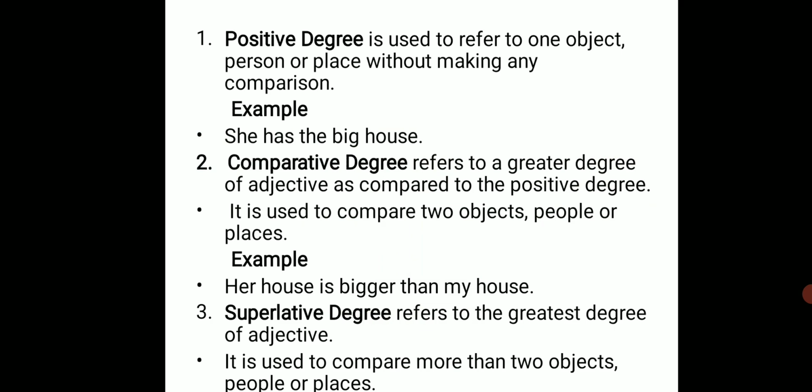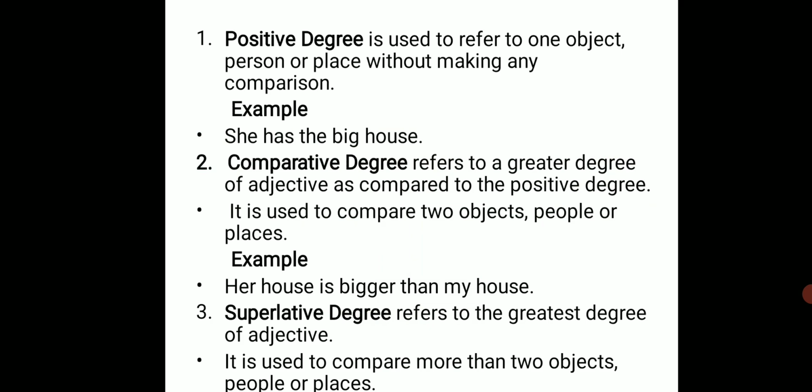And the next one, comparative degree, refers to a greater degree of adjective as compared to the positive degree. Fine, now comes the comparison. It is used to compare two objects or people or places. For example, now let us consider the same example as in the case of the positive degree.